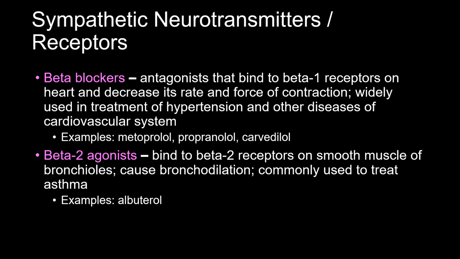And these are essentially asthma drugs like albuterol. And the examples of beta blockers were metoprolol, propranolol, and carvedilol. So these are going to be very, very common drugs if you go into the nursing practice that you'll get to know. And now you know the action behind them.